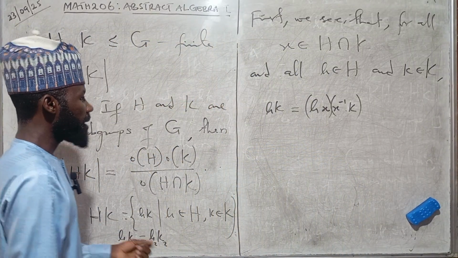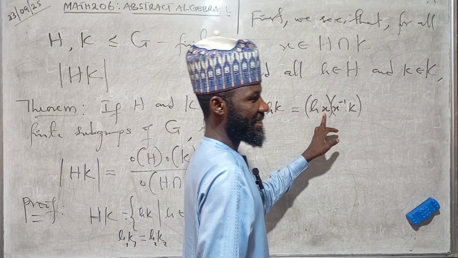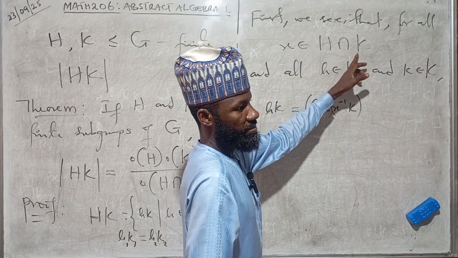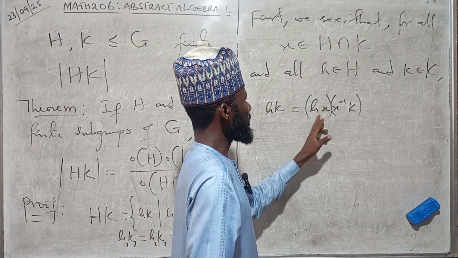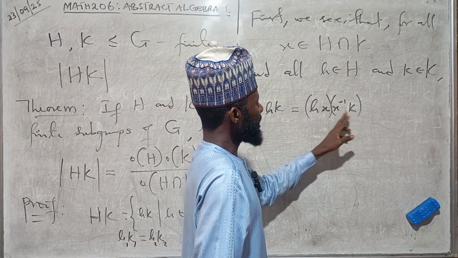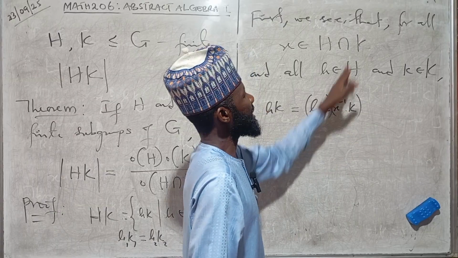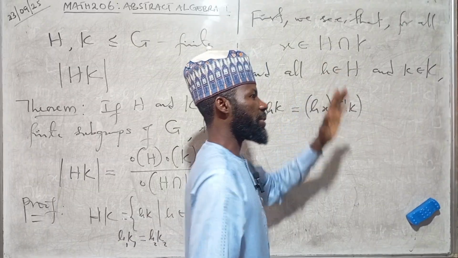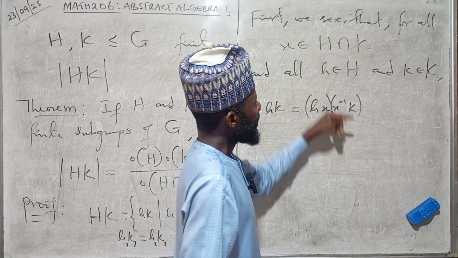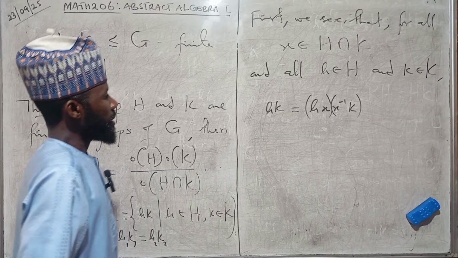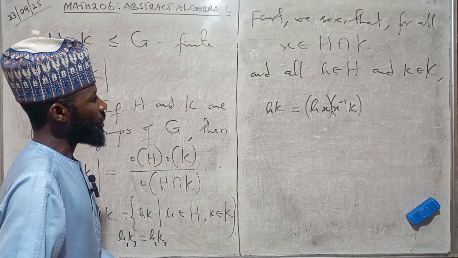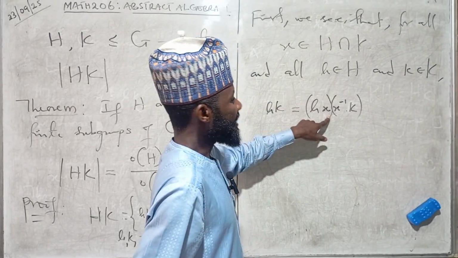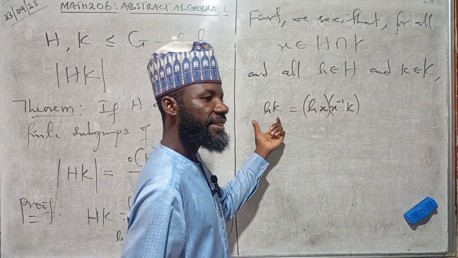This element h x is in H because x is in H, since it is coming from the intersection. And this x inverse k is in K because x inverse is in K, because it comes from the intersection. This intersection is already a subgroup. So every element of the intersection is giving rise to a duplicate.